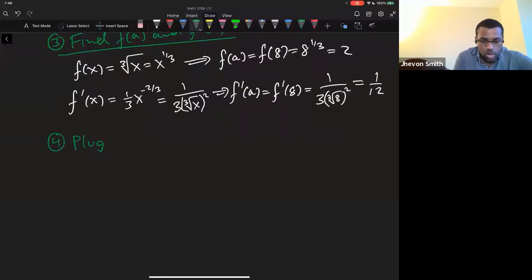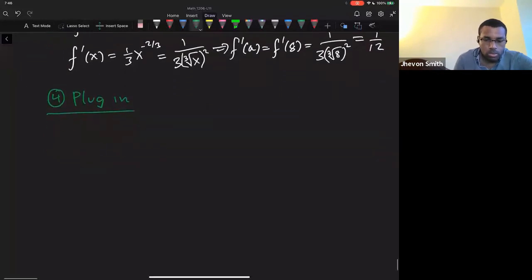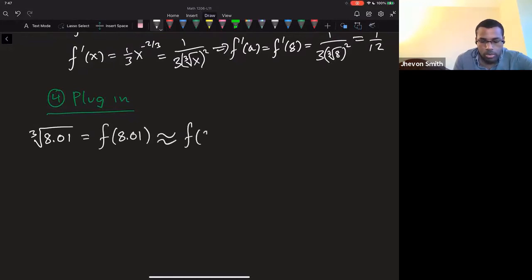And 4, I want to plug in. So we know that the cube root of 8.01 is equal to f evaluated at 8.01, which is approximately f evaluated at 8 plus f prime evaluated at 8 times x minus a.